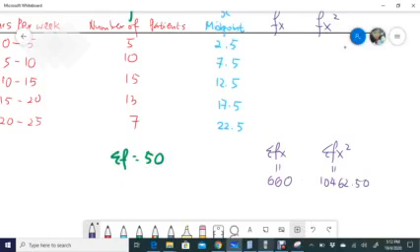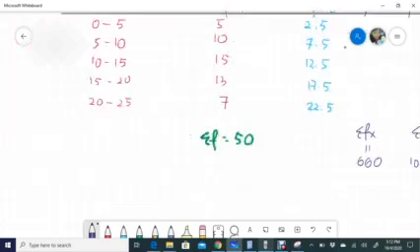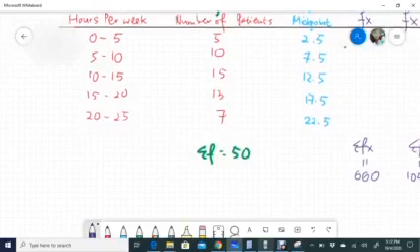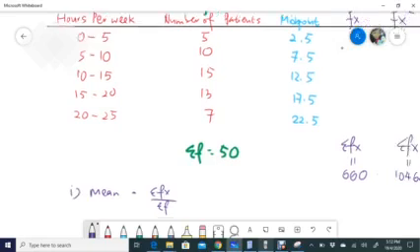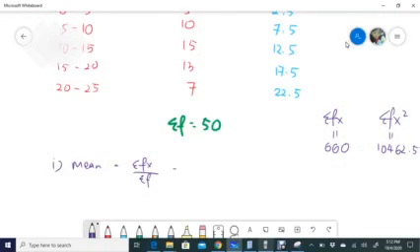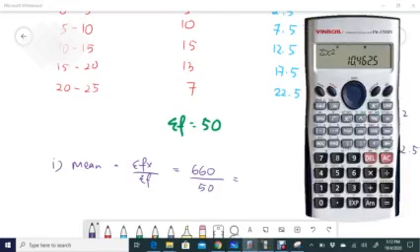After that, what do you do? The question asks you about the mean, so you can start with your mean. Again, copy the formula and substitute: 660 divided by 50. What's your answer?